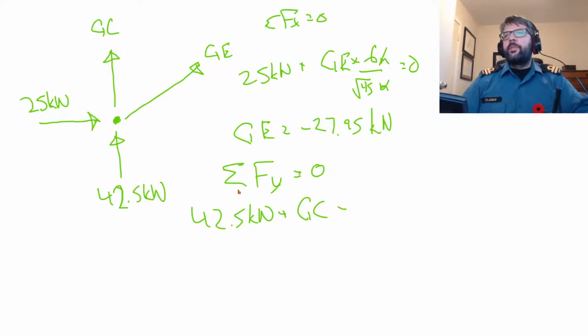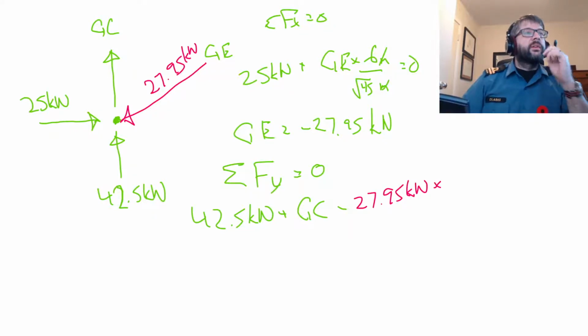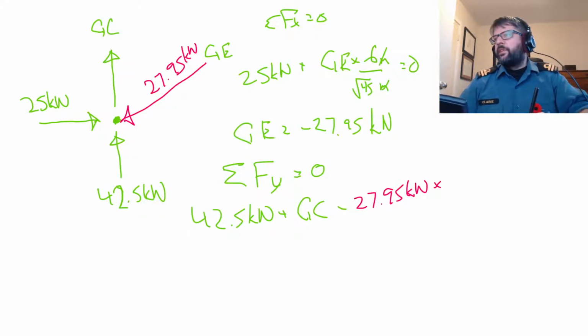So it's compressive, so it'll actually be pushing down here. Actually, I'll redraw that here. 27.95 kilonewtons. There we go. So minus the 27.95 kilonewtons times its unit vector in the y direction, which is going to be 3 meters divided by root 45 meters.